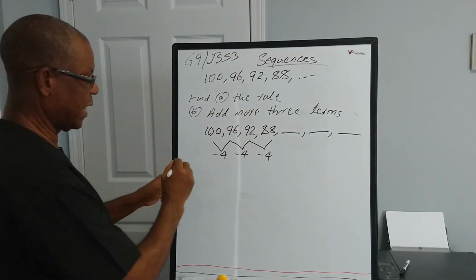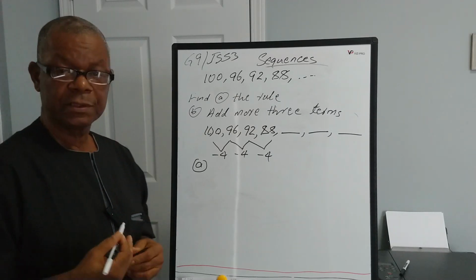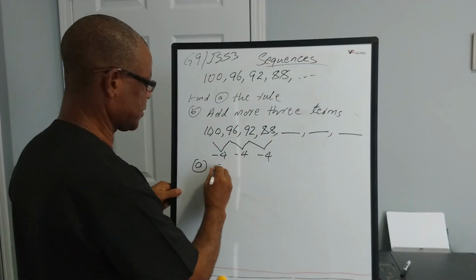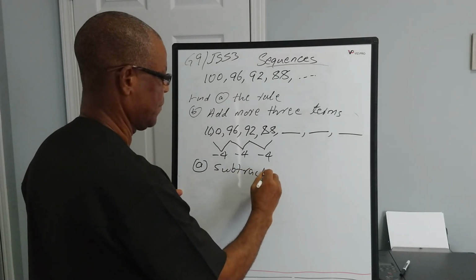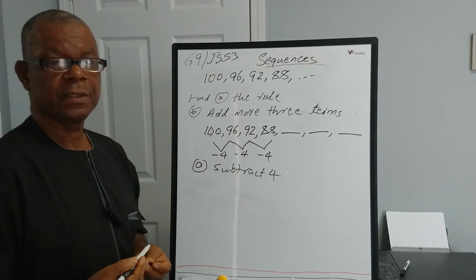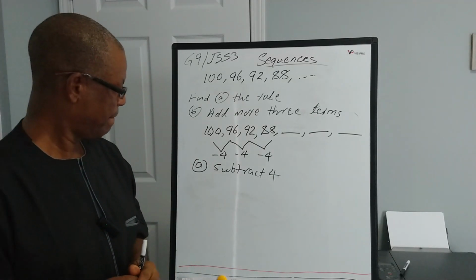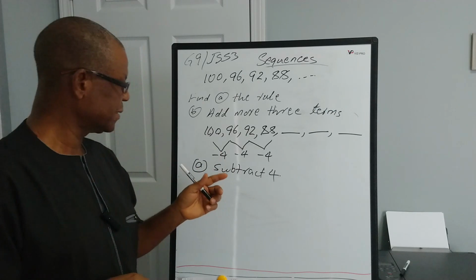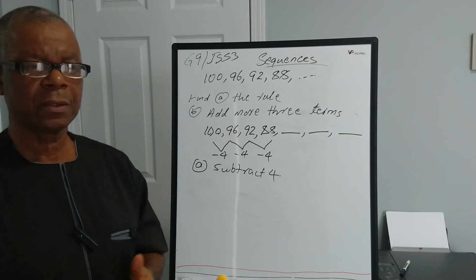So we have our answer for A, which is the rule. The rule here is subtract 4. If you subtract 4 from term 1, it will give you term 2. That is, if you subtract term 1 from term 2, it will give you minus 4, and so on and so forth.